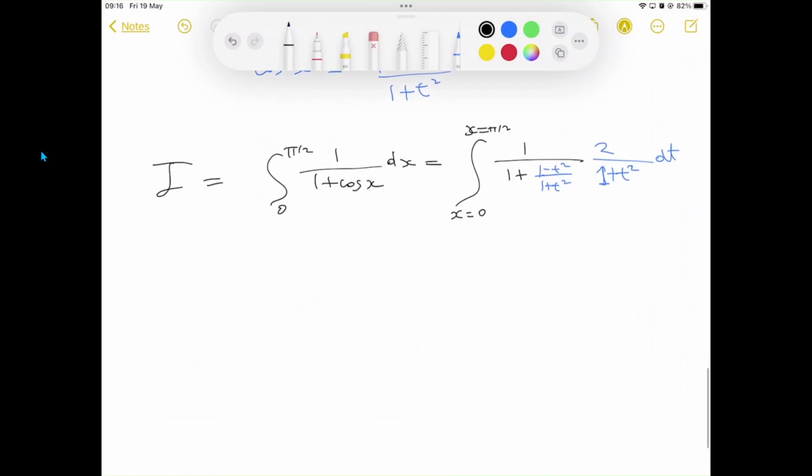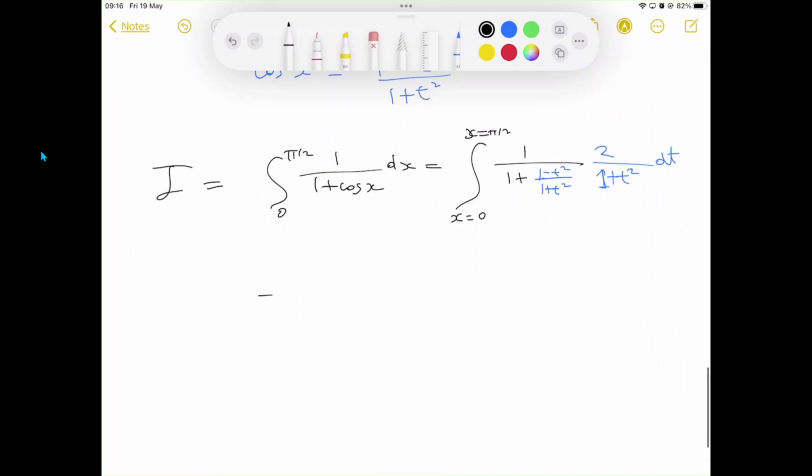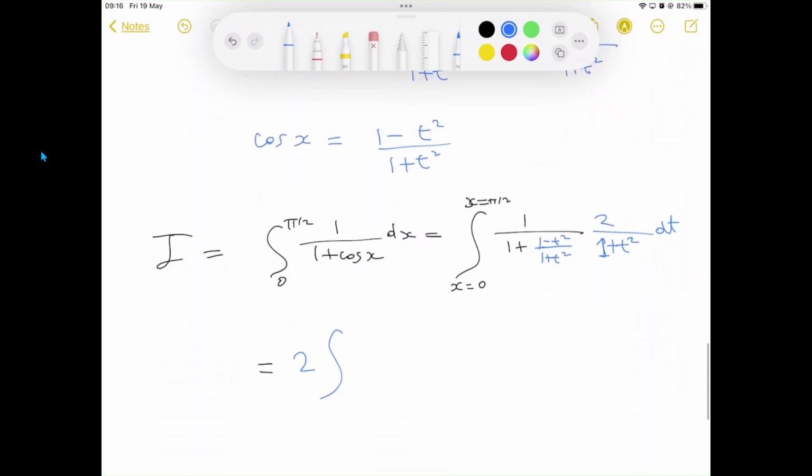So our integral is then equal to, if we take the 2 on the outside because it's a multiple constant, and then we can rewrite the limits from x is 0 to pi over 2 in terms of t. Now just a reminder, t is equal to tangent of x over 2. This means that, let's write t as a function of x rather than its own variable. So t of x is equal to tangent of x over 2.